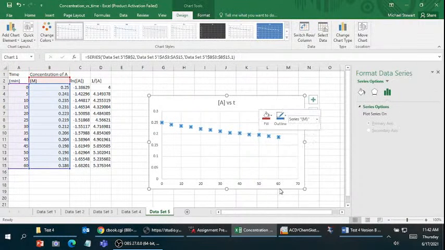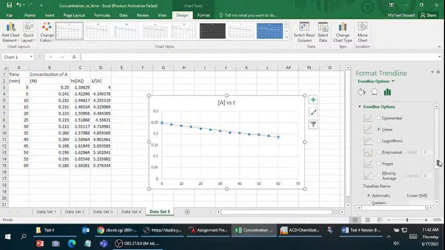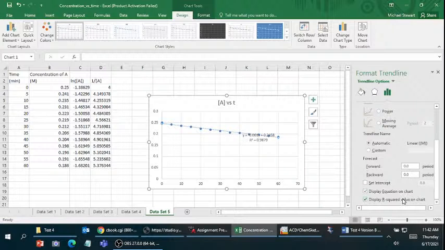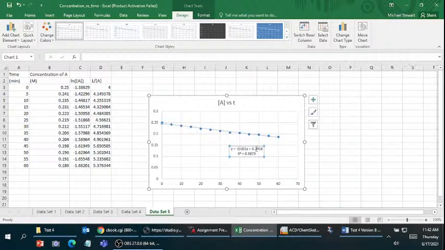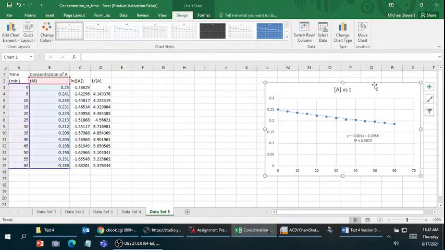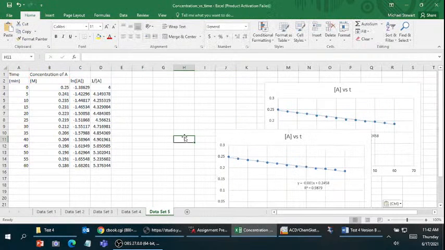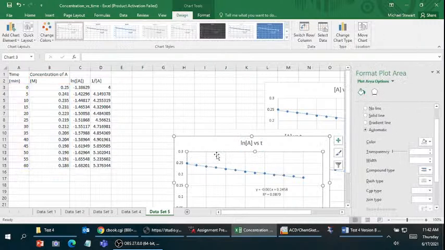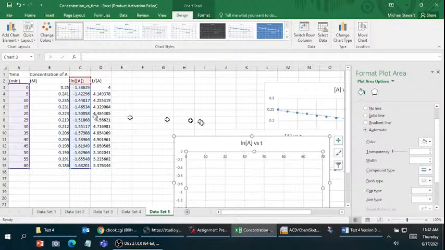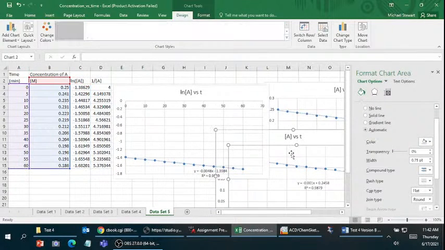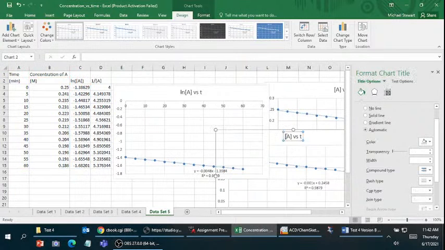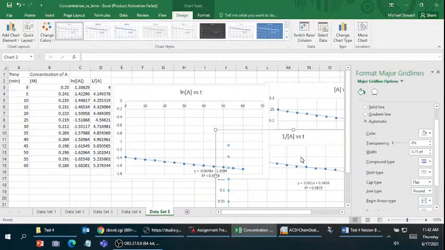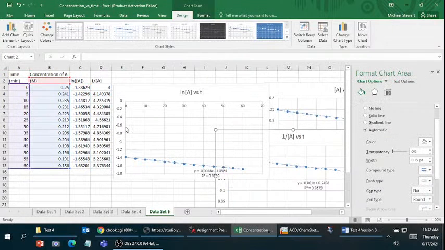And let me throw a trim line on that. So these are the plots you're trying to generate for that homework.